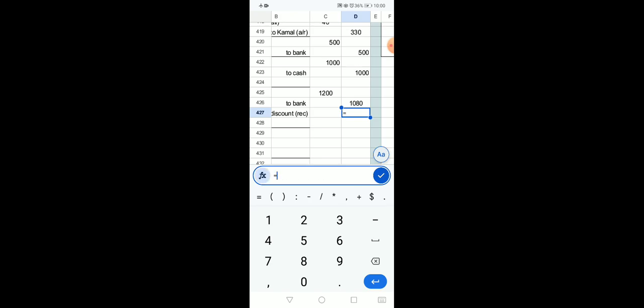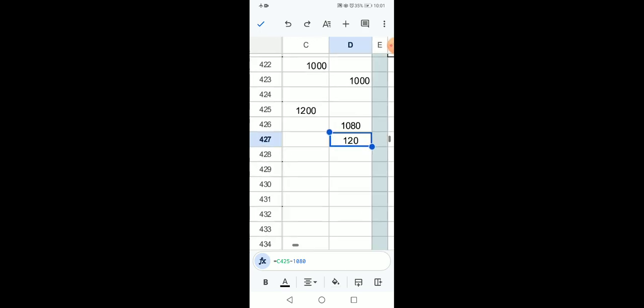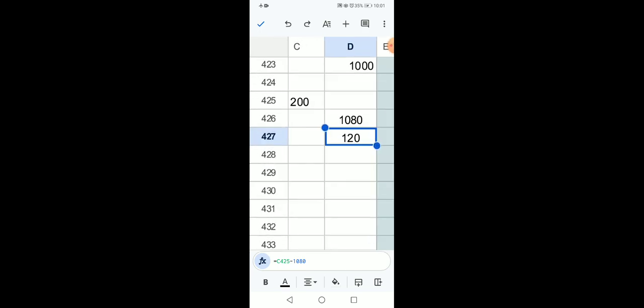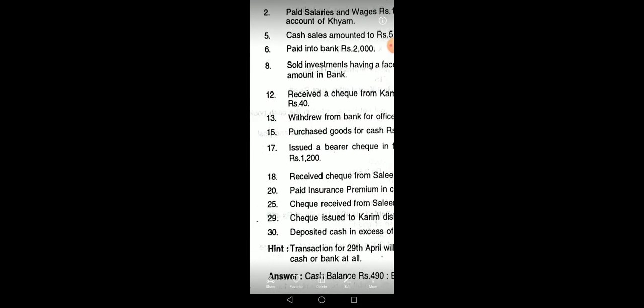You will subtract the credit side from the debit side. On the debit side, it is 1200. You will subtract the amount present on the credit side, which is 1080. So you have come to know that the deficient amount was 120 and you will consider it as your discount. In this way, entry number 17 is completed.